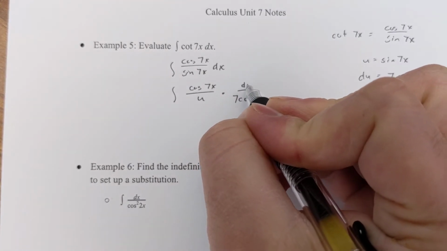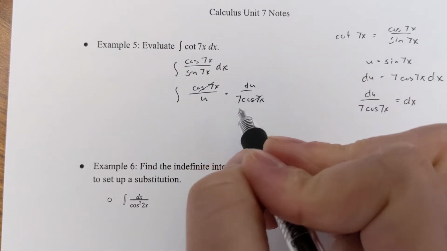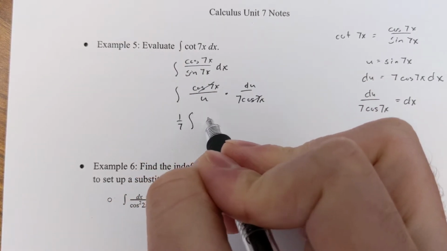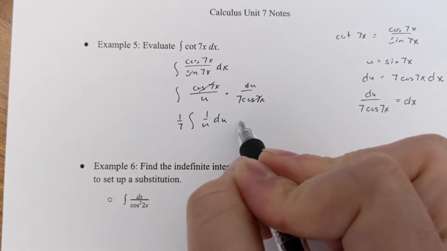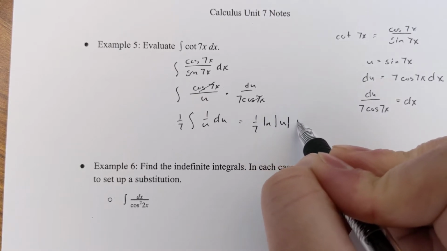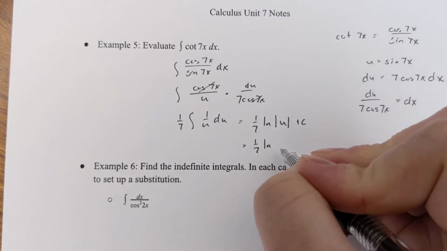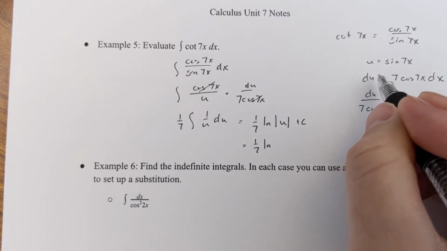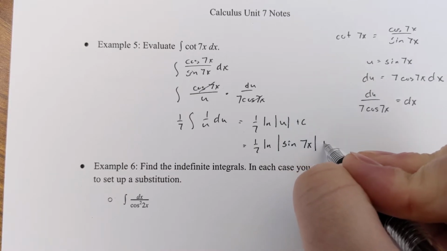So the cosine 7x can cancel. I have a 1/7 I can pull out front, 1 over u du. The antiderivative of 1 over u is the natural log of the absolute value of u, and then undo your substitution, which was u is sine 7x.